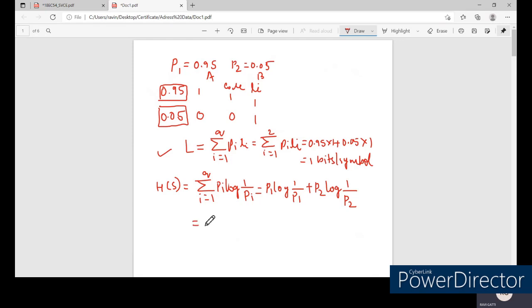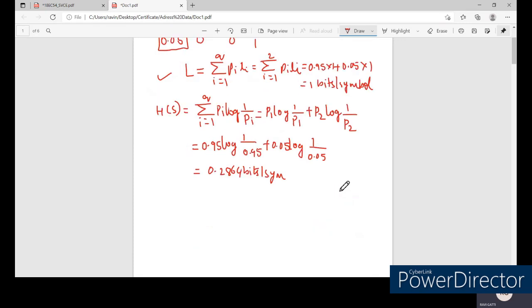If you substitute the values, that is 0.95 log 1 divided by 0.95 plus 0.05 log 1 divided by 0.05, you'll be getting H(S) equal to 0.2864 bits per symbol.